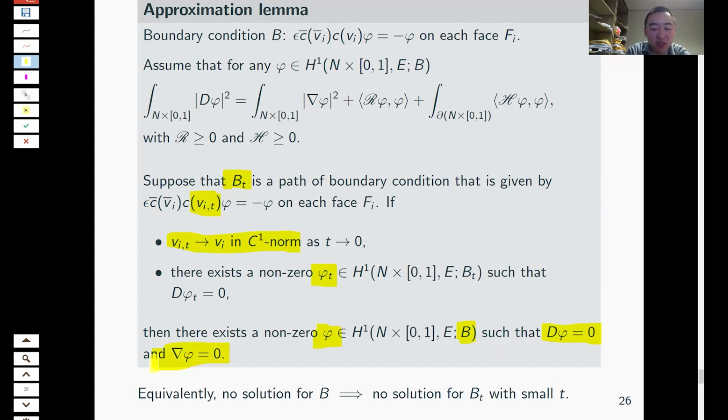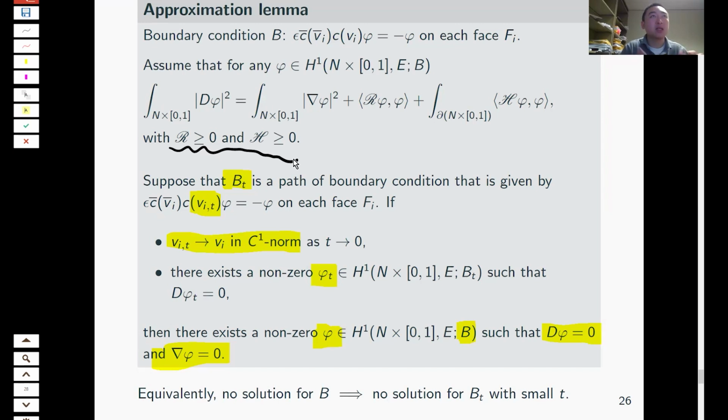In fact, this phi is the limit of the sequence of solutions phi_t. In general, without this crucial condition, we only have the weak limit of the solutions. But with the condition here, we do have strong convergence. So phi_t will converge to phi, at least up to a subsequence, in the H1 norm, so that we have D phi equal to 0 and nabla phi equal to 0.